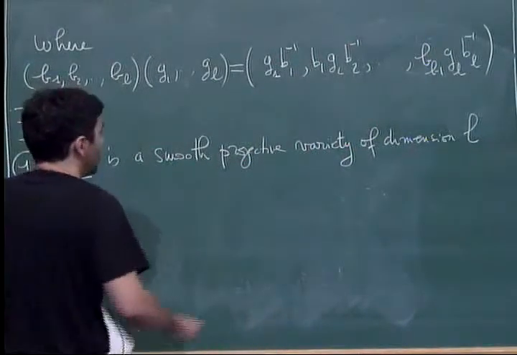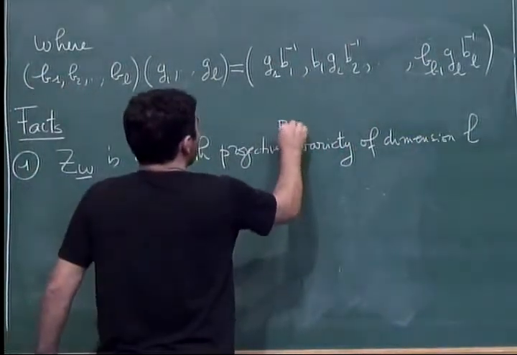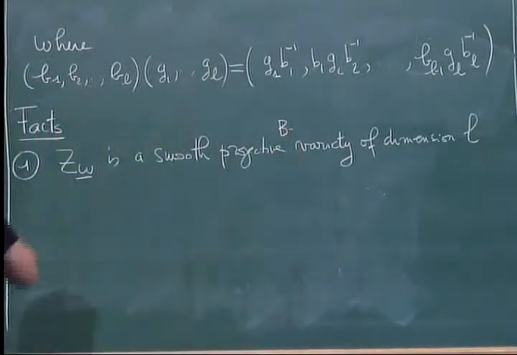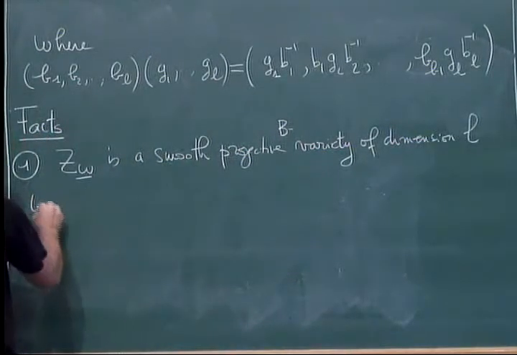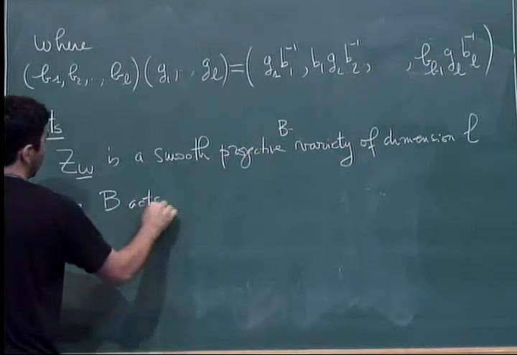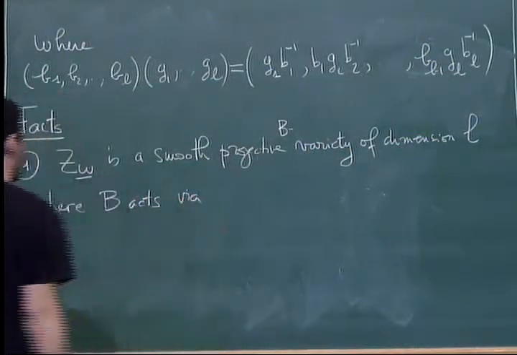And this is even a B variety, meaning that B acts on Z omega as it acts on the Schubert variety, where B acts via the following.